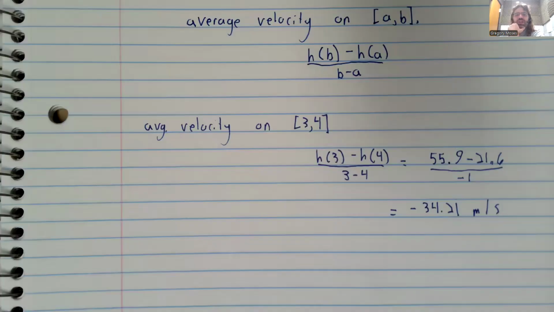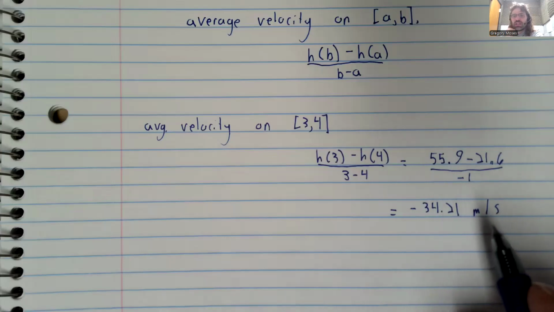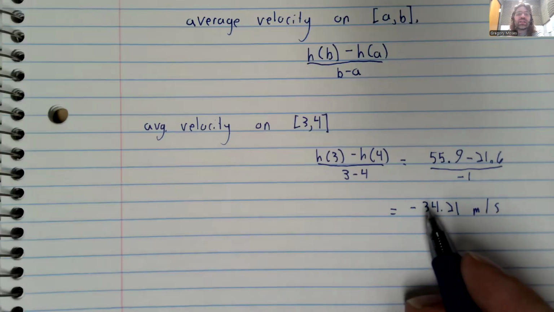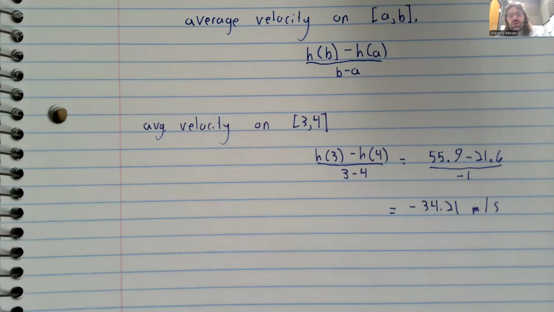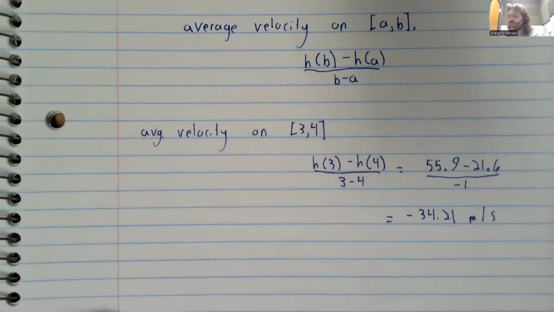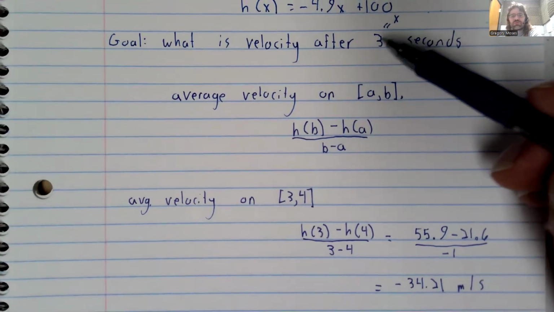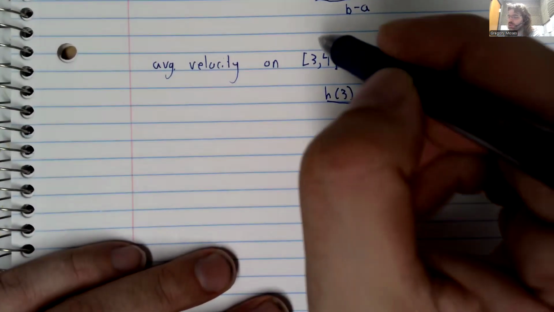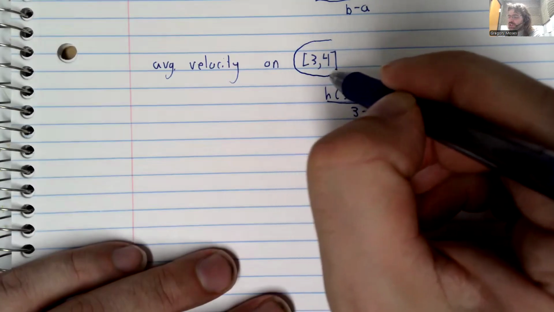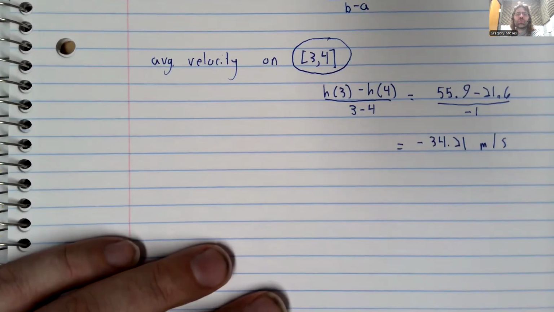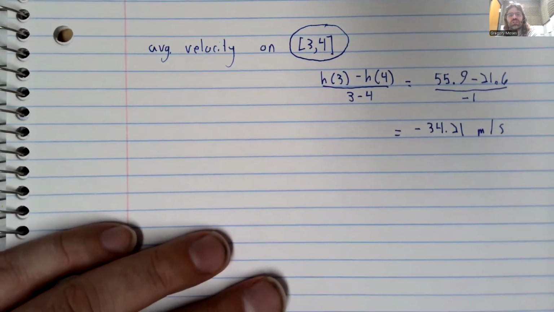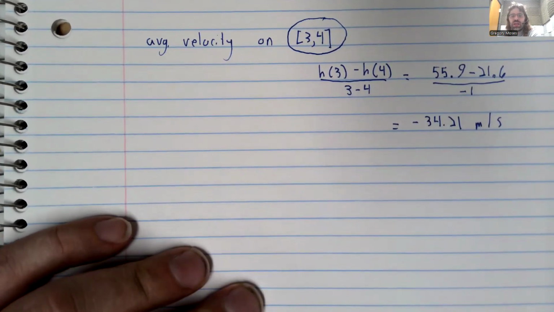Does this tell us anything? Negative, by the way, I've mentioned this before, but falling objects have negative velocity. So negative 34.21 meters per second. And this is not the velocity at 3 seconds, but it's the average velocity on this little interval from 3 to 4 seconds.